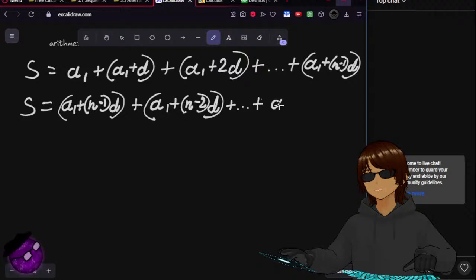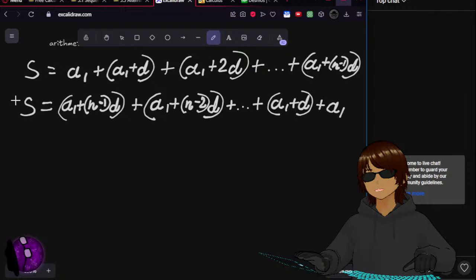And then this is the second term. And then this is the first term. If I add all of them together, I get 2s is equal to, for the first one, 2 times the first term plus it with n minus 1 d.